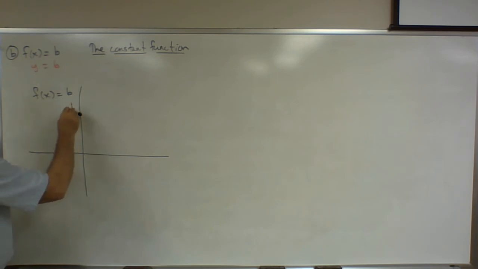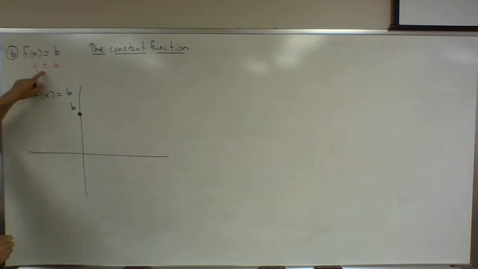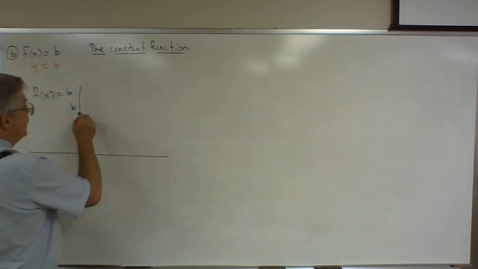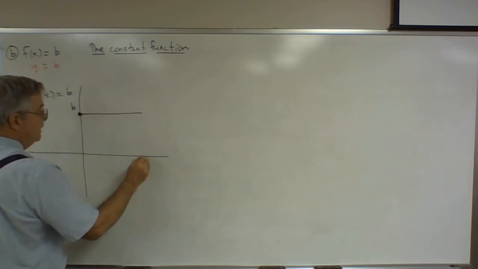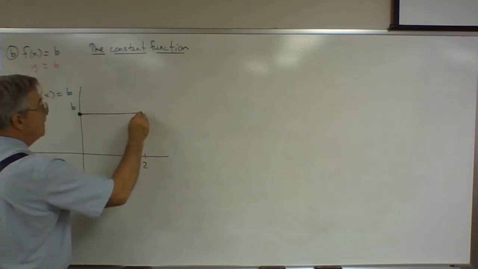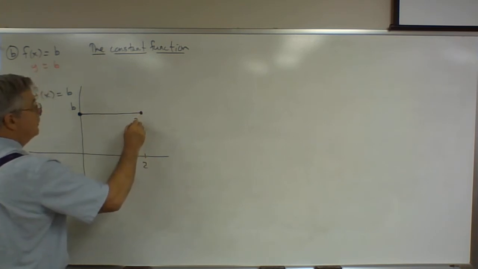Here it is, B. And realize that no matter what x is, f of x is b. Y is equal to b regardless of what x is. So if we go out here to x equal 2, f of x is still b.